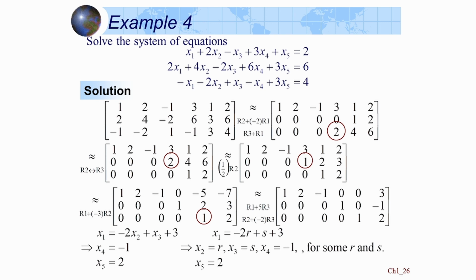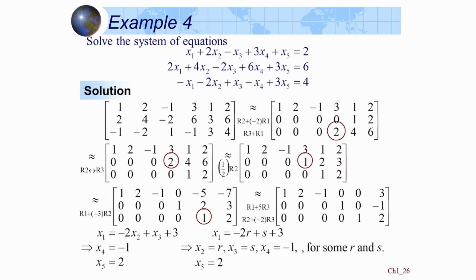So let's use x2 to be r, x3 is s, then we express via this r, s other variables, basic variables. x1 is minus 2r plus s plus 3, x4 is just minus 1, and x5 is 2.